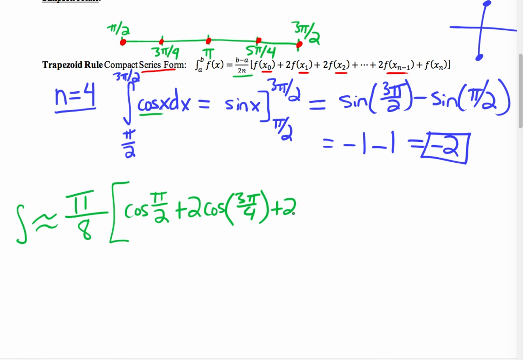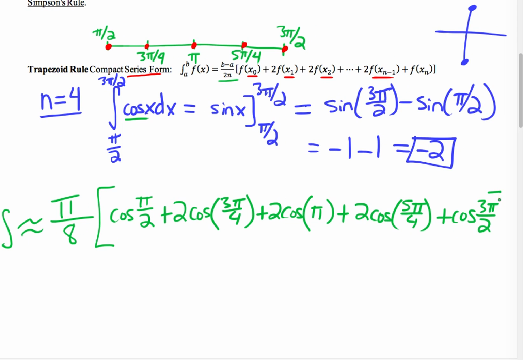Then I've got to go 2 of my next one, which is pi. Then I've got to go 2 of my next one, plug it into the function, which is 5/4. And then you can see the last one here doesn't have a 2, so it's just going to be cosine of that edge. Okay, so now we've just got to do all of those, and we'll have our approximation.